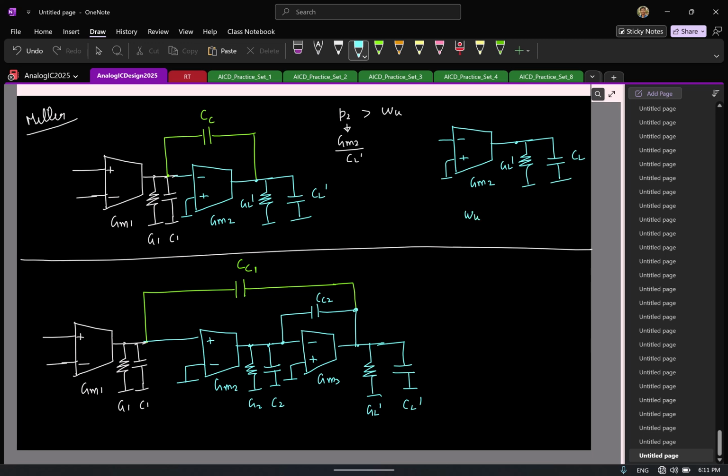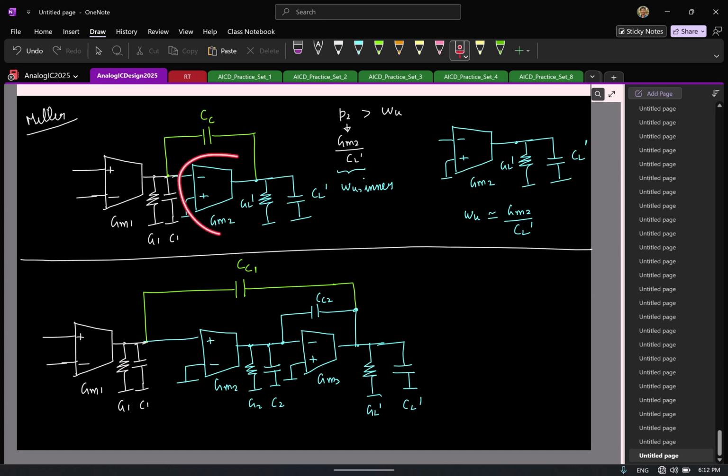It's a first order system. So how do you approximate the unity gain frequency? DC gain times the first pole. How much will that come out as? GM2 by CL prime, right? So I can think of this as essentially my omega u for the inner stage.